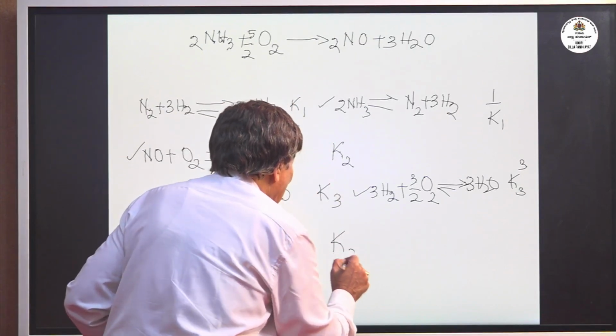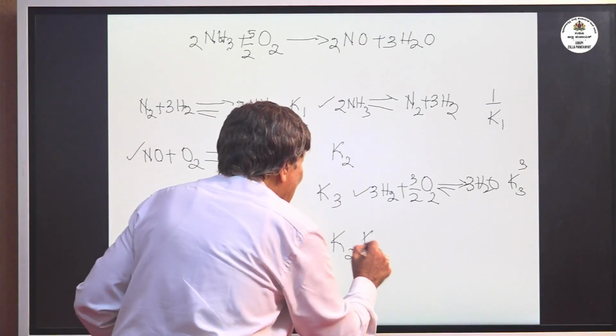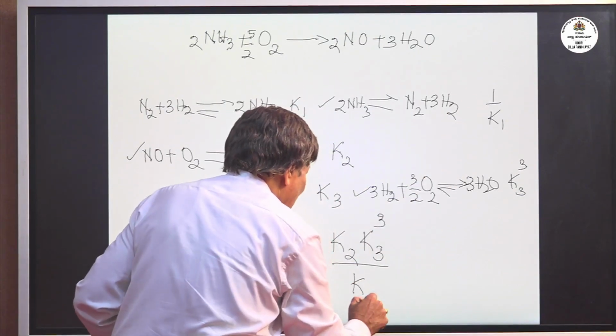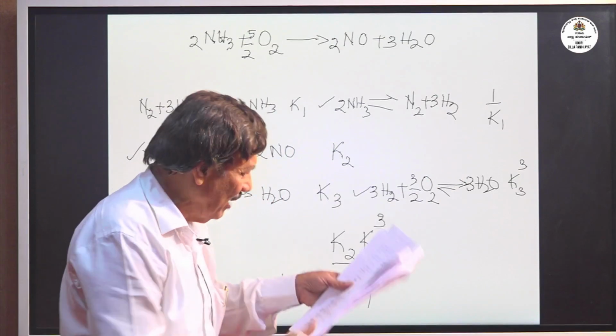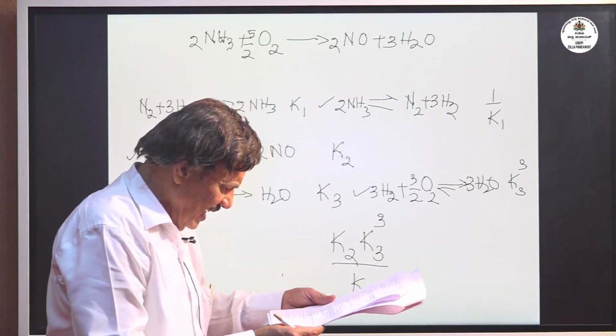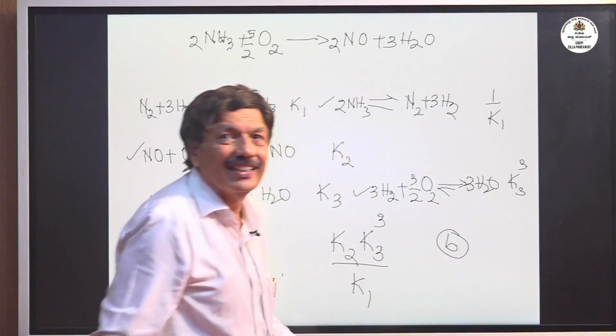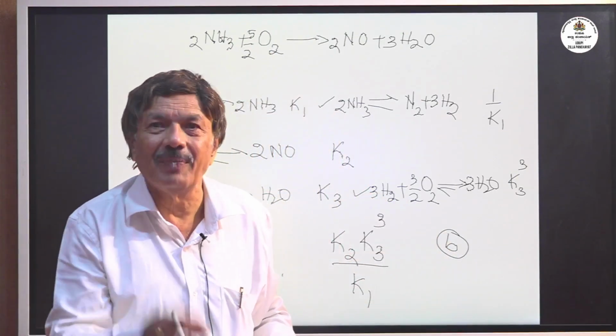K2 in the numerator, K3 cube in the numerator, then K1 in the denominator, because it is 1 by K1. So what is the right answer? The right answer is option B. This was asked in NEET a couple of years back. This is a NEET question.